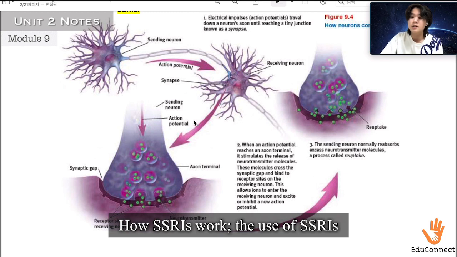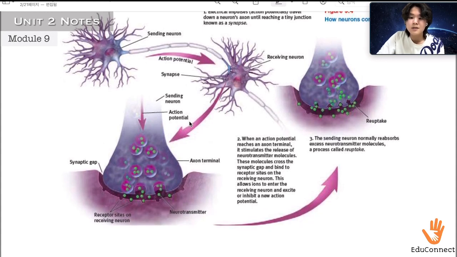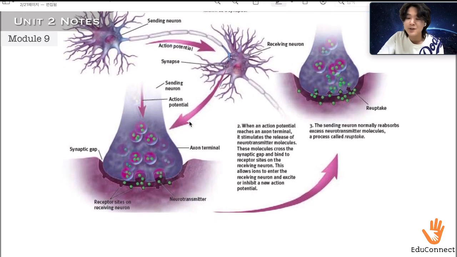So this will cause depression to lessen, right? And this will make a person's life happier and step out of the way of depression. So yeah, that's how SSRIs work. And you better really be able to explain this in a professional way on your FRQ section.